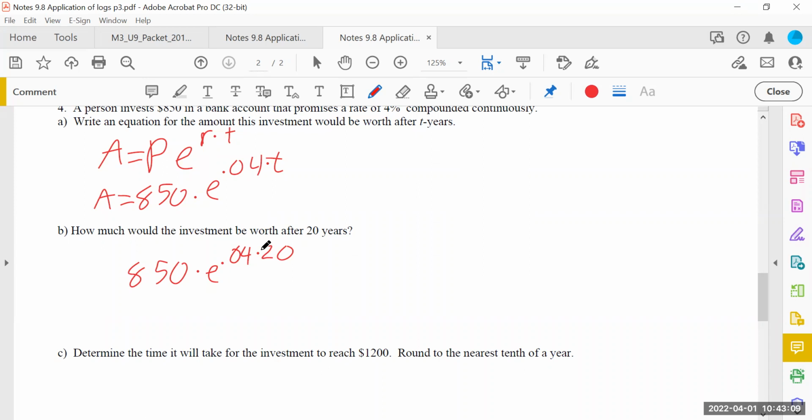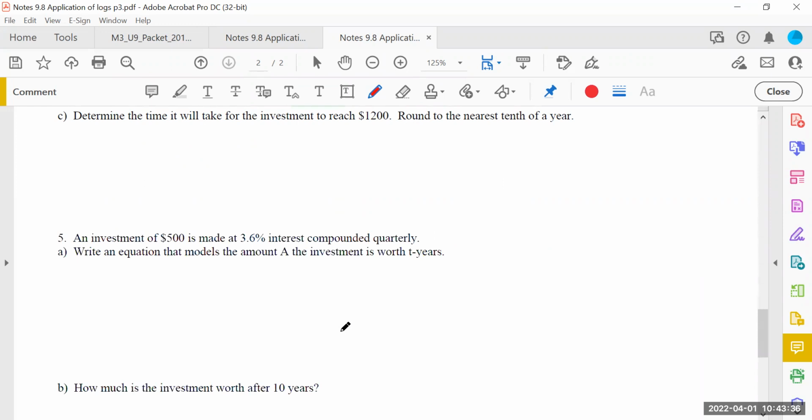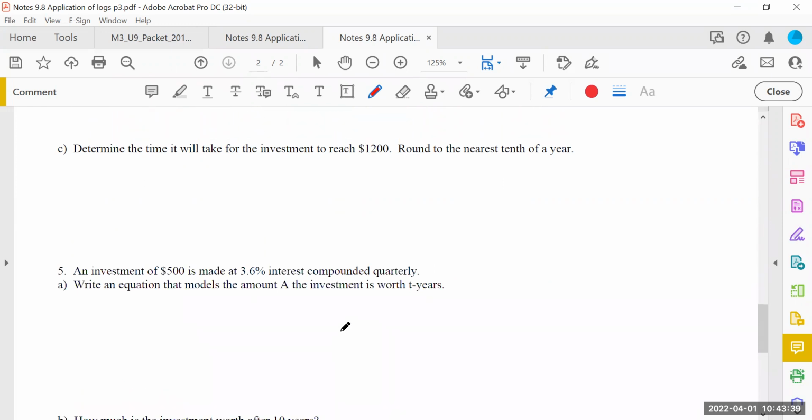You're going to have to do order of operations for it, because as soon as you hit that e, it's trying to take e up to the power, whatever's on screen. So this is your answer. Yeah, that's 1,891.